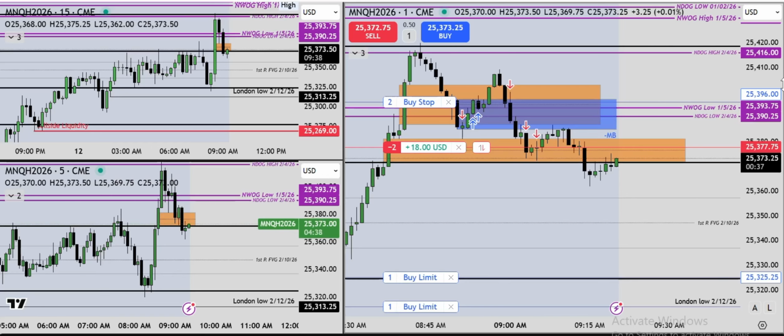Extending forward a fair value gap that I want to see price use as resistance. I want to see closes in the lower half, and I want it to treat it as an inversion fair value gap.